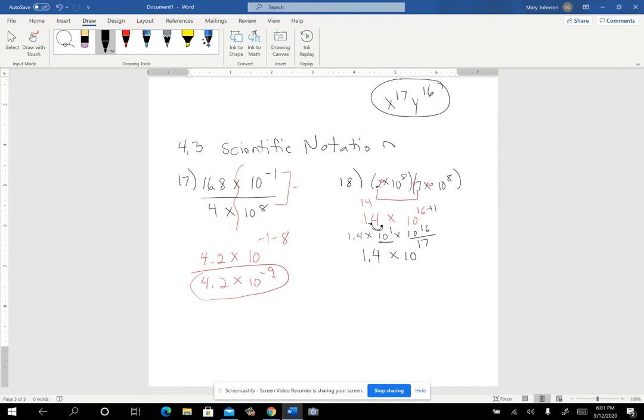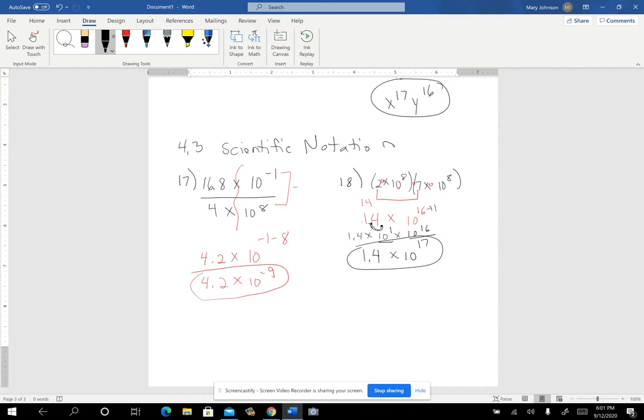If I have to make the number smaller by moving one place, then I compensate for that by adding 1 to the exponent. If I had to move it twice to make it smaller, then I would add 2. And then if I had to move it to make it bigger, to get it to be the size I needed, then I would subtract from the exponent, okay? All right, so that should be your answer on this one, okay?